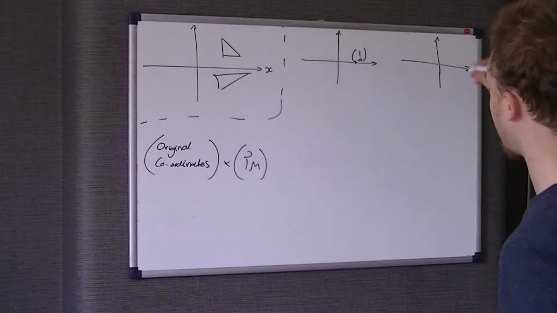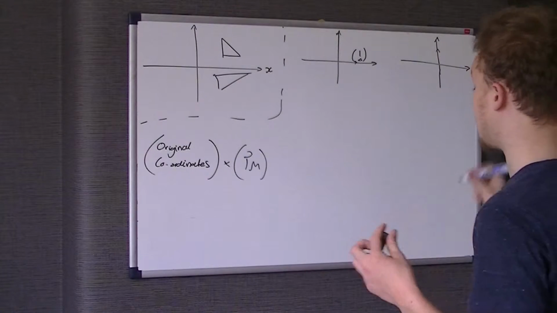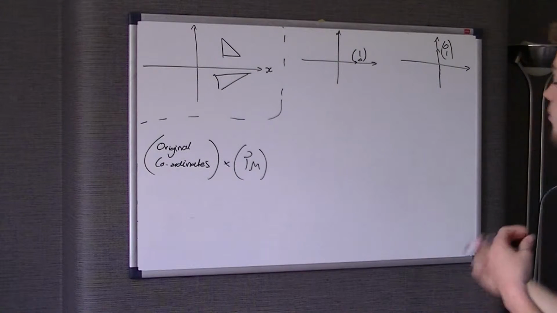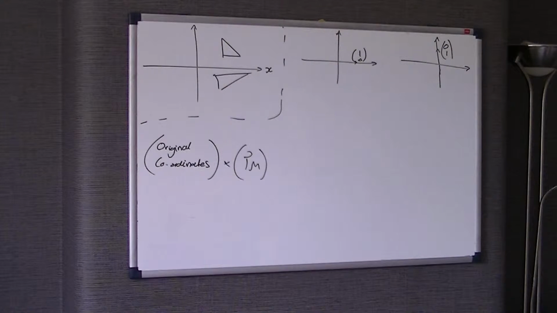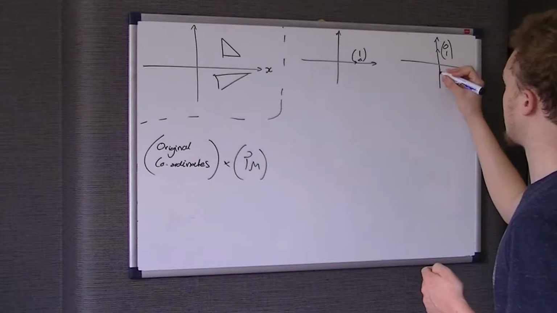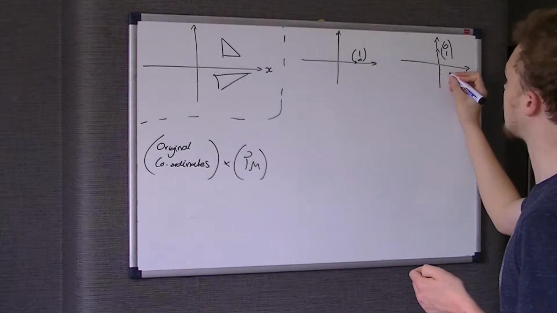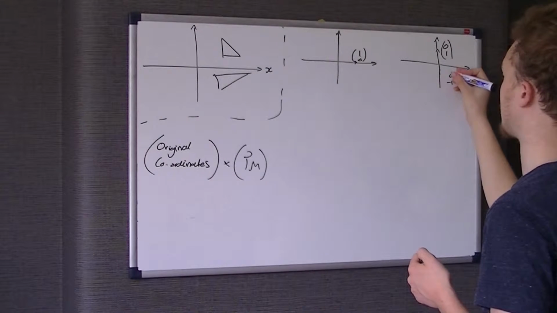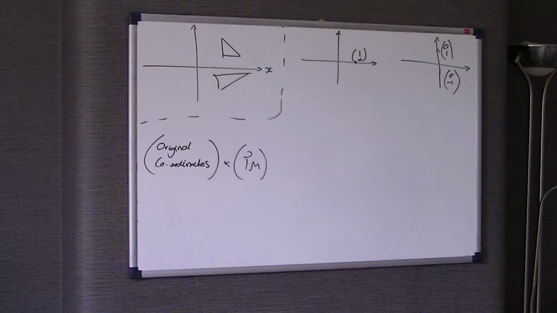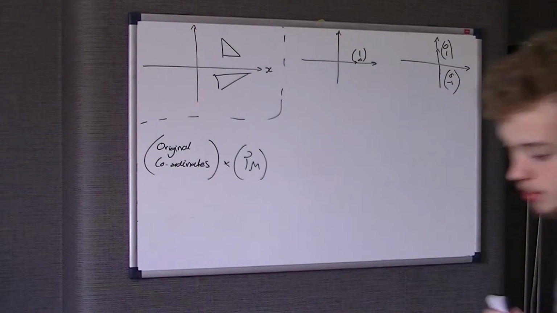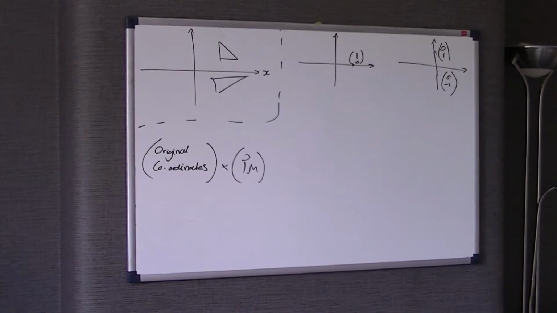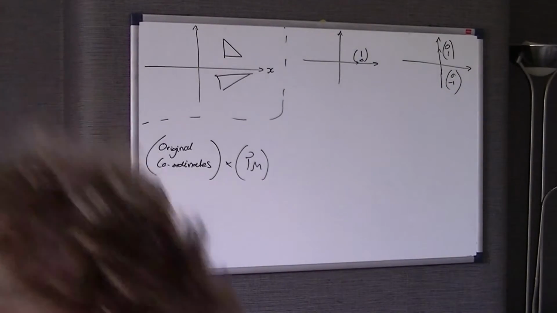Quite clearly, if you do that to the j unit-based vector, which has coordinates 0, 1, when you reflect it, it's going to give you 0, -1. This transformation matrix is made up of the combination of the end results of the i and j unit base vectors.